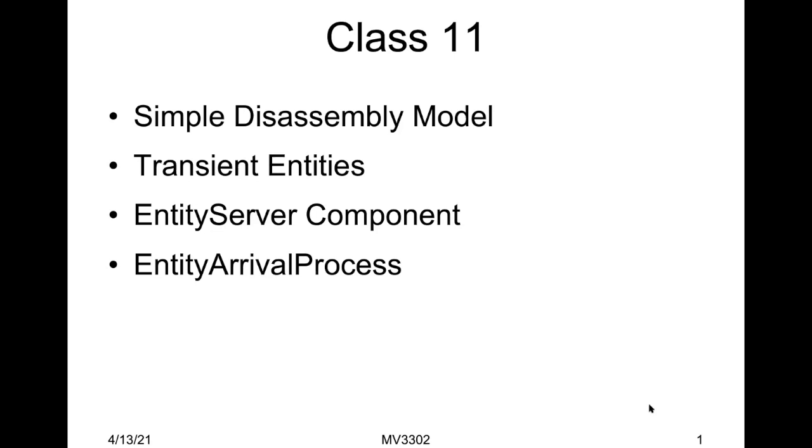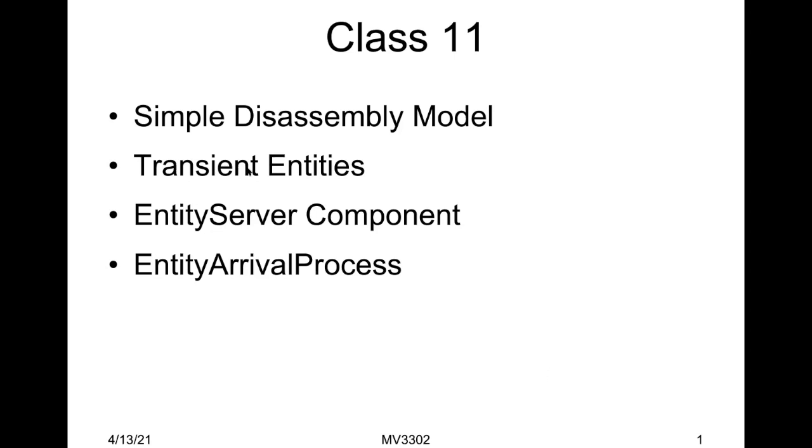And then we're going to talk about transient entities. This is kind of building on what we talked about for that simple version of the reneging situation, where if we want to get more information, then we actually need to start representing our customers with a little bit more expressiveness.